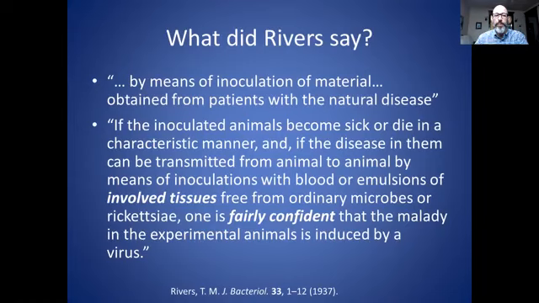That's very important. He also said, if the inoculated animals become sick or die in a characteristic manner, which means having the same symptoms as the original disease, and if the disease in them can be transmitted from animal to animal by means of inoculations with blood or emulsions of involved tissue, free from ordinary microbes or rickettsia.